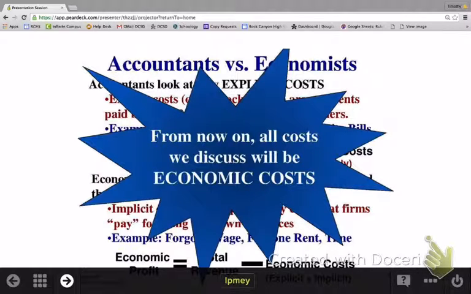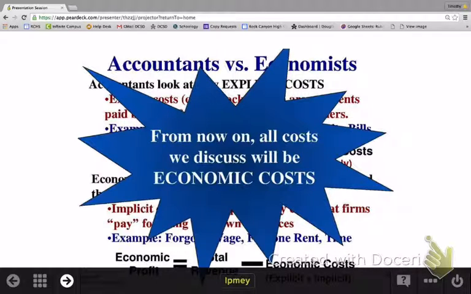But if we calculate her economic profit, this requires that we include implicit costs. So because she's using the building herself instead of renting it out, if she rented it out, she could earn $1,000 per month. That's $12,000 that she's giving up. And she could have worked at Macy's for $45,000 a year. That's another $45,000 she's giving up.